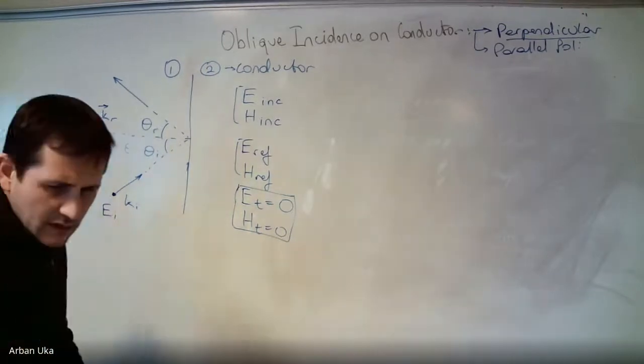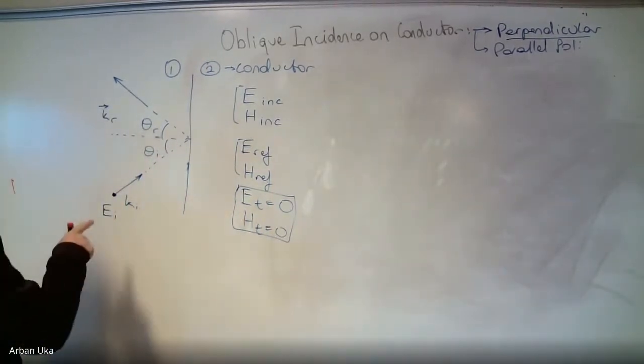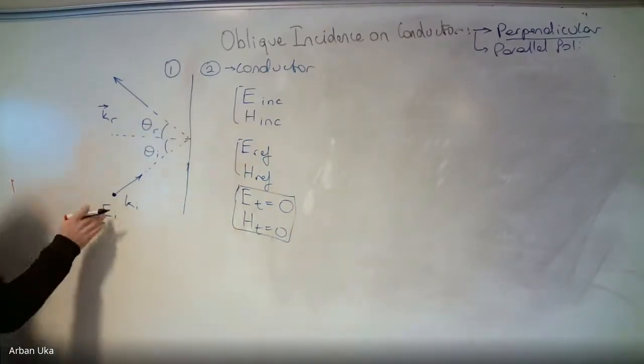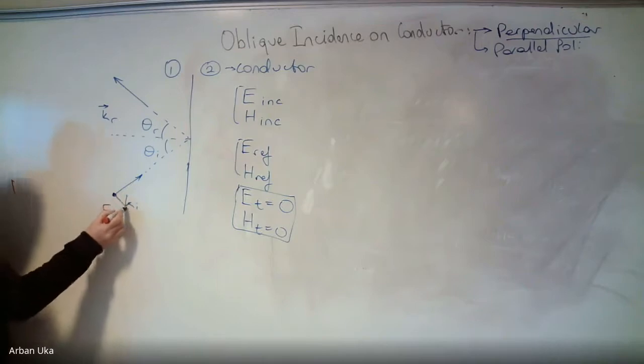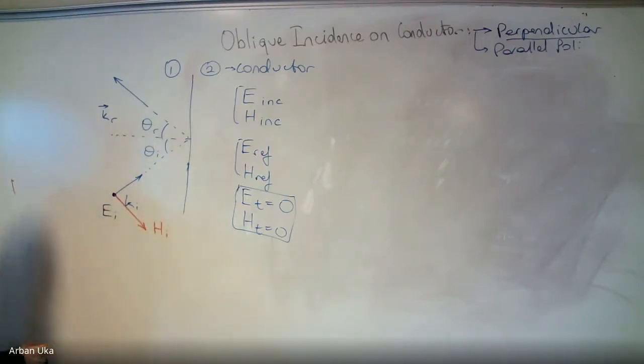And for the perpendicular polarization, we're going to have here this EI, which is pointing out of the board. What is the direction of the magnetic field in this case? The magnetic field has to point like this. So this is going to be the HI.